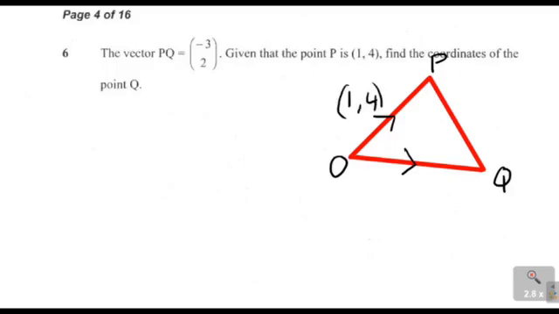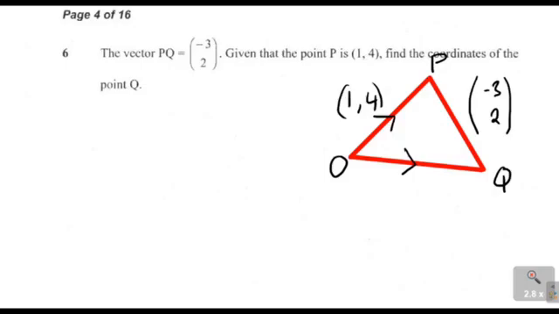PQ, they have given us this column vector which is negative 3 and 2. So they want us to find the coordinates of Q. So how can we find the coordinates of Q?